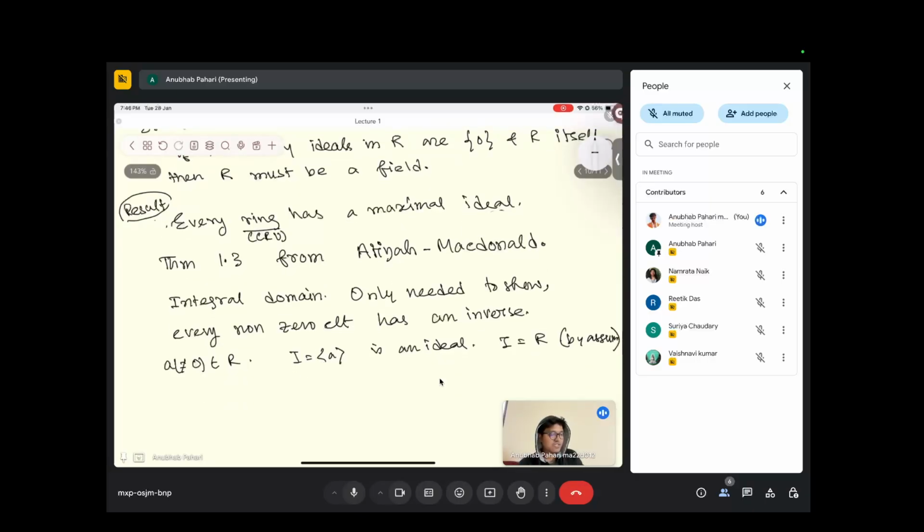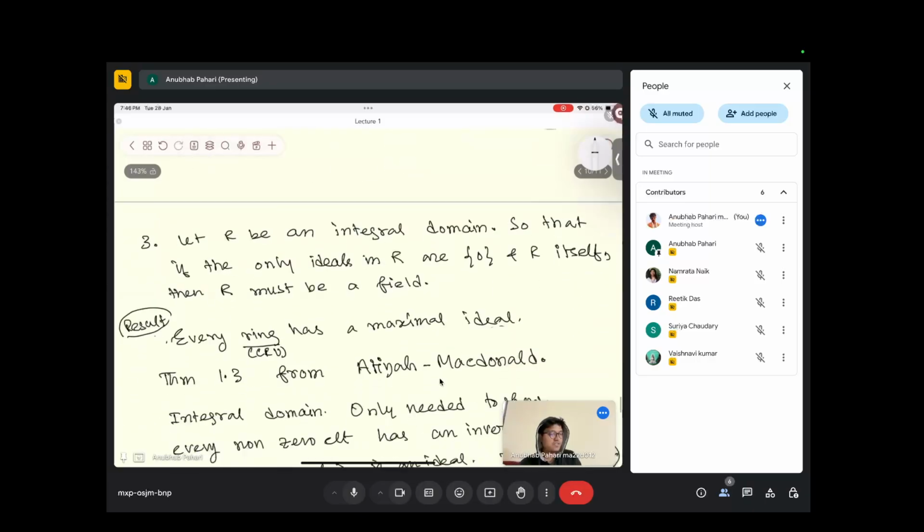So you are seeing that 1 belongs to the ideal, that is a·r = 1 for some r belongs to R, so a is a unit.